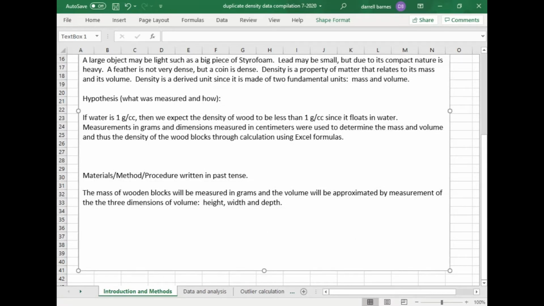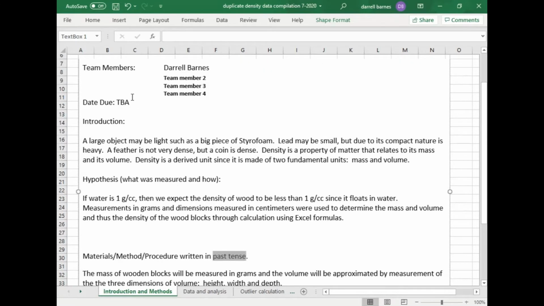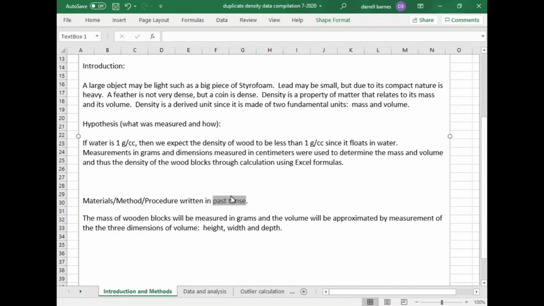Okay, let's go to the materials, methods, procedure. Written in past tense, I realized that I did not do well at all on that last time, so let's try to do past tense.